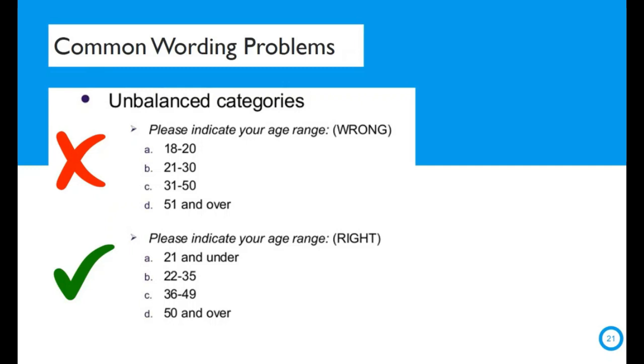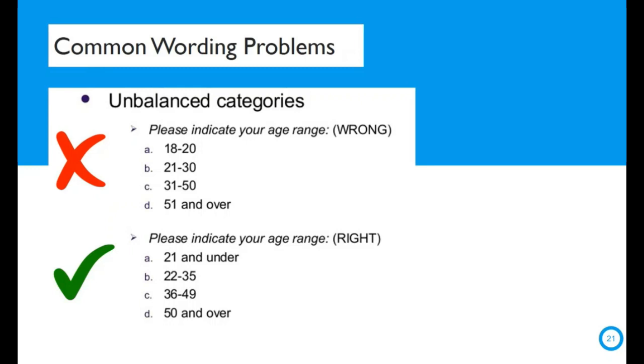You see, it's wrong because the distance between categories is not balanced. 18 to 20 is only a 2-year difference, while 21 to 30 is almost 10 years, right? So this is wrong. Next is 21 and under, 22 to 35, 36 to 49. So we are going to use similar or balanced categories over here.